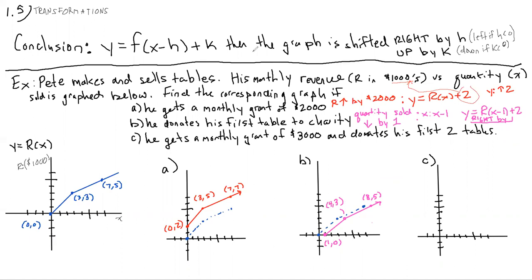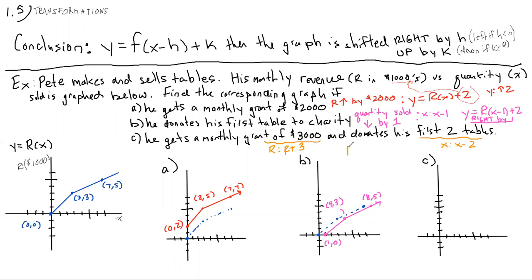And so finally, the last one, I'll maybe just go through a little bit more quickly because we're just sort of putting everything together. So the monthly grant of 3,000, this means R goes up. So R becomes R plus 3. Right, the new revenue is R plus 3, and then he donates the first 2 tables. So that's going to mean that X is going to become X minus 2.